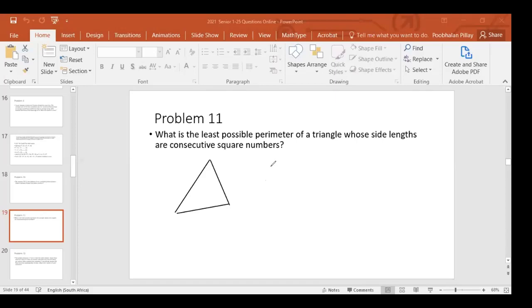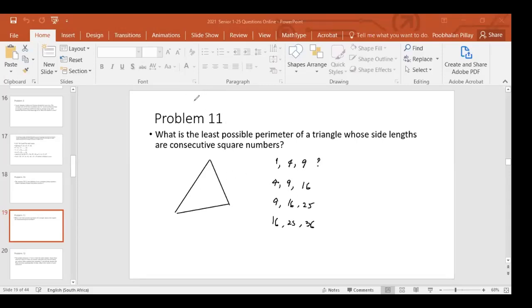The sides could be 1, 4, 9, or the next one, 4, 9, and 16, or 9, 16, 25, or 16, 25, 36. So these are the possibilities for this triangle.